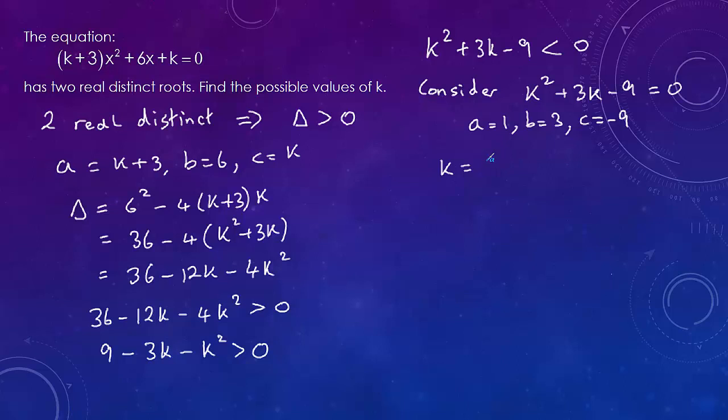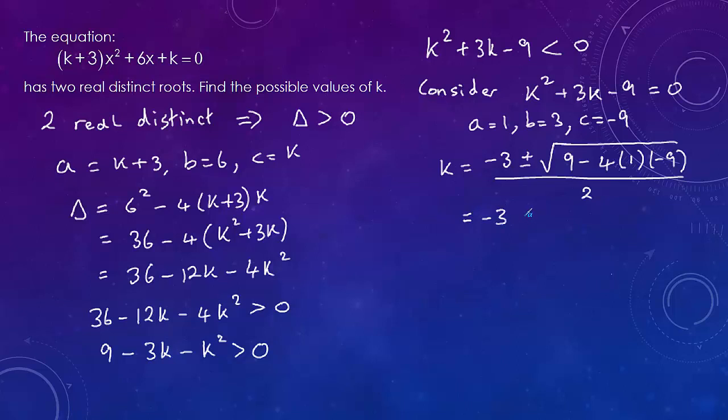So that's going to be -3 plus or minus the square root of 3 squared, which is 9, take away 4 multiplied by 1 multiplied by -9, all divided by 2 lots of 1.